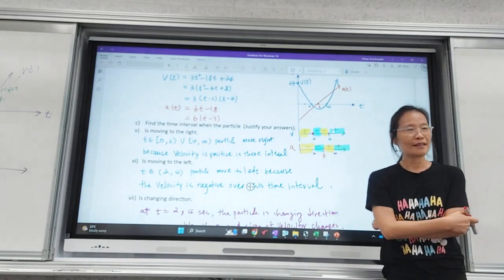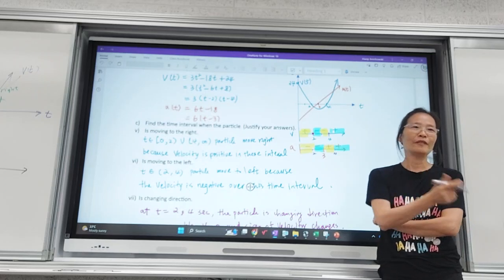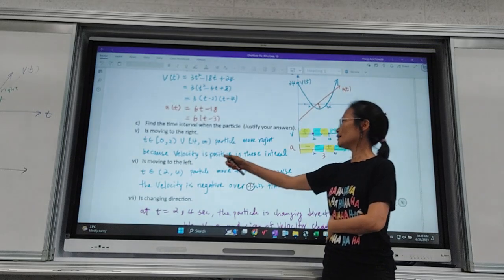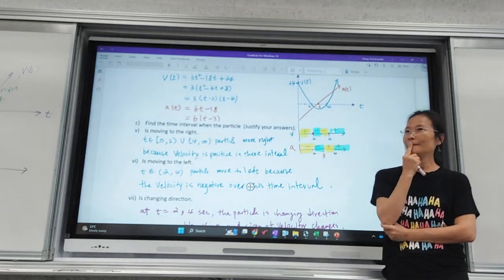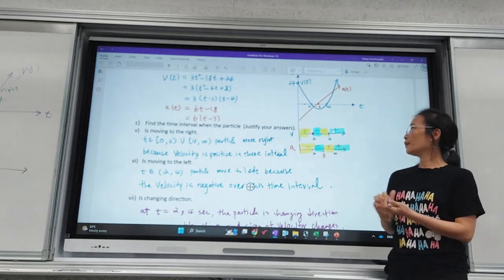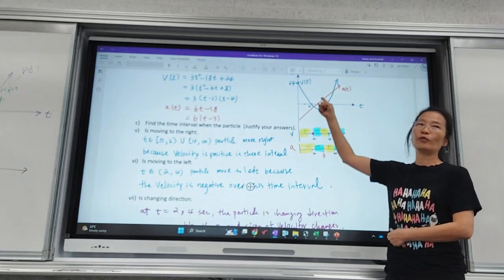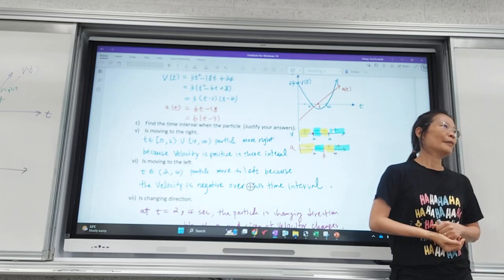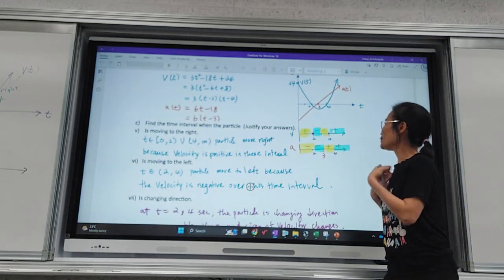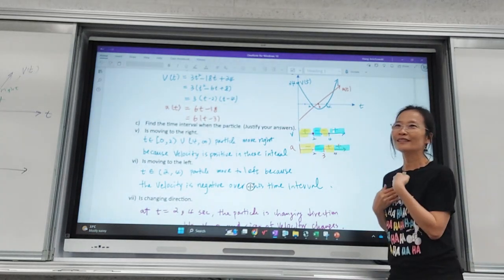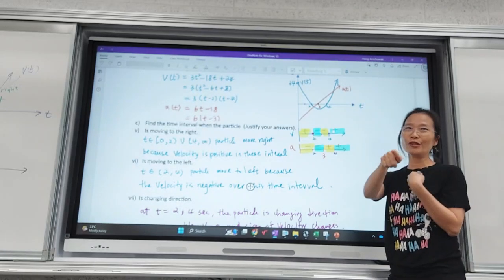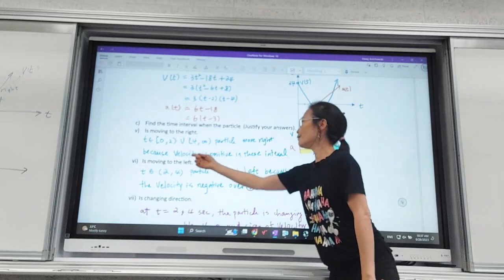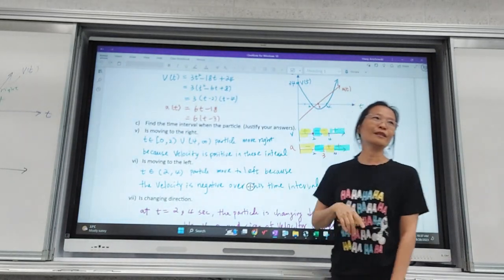Why do you say this interval is moving to the right? Because velocity is positive in these intervals. Just providing the sign diagram or graph is not a sufficient justification. Why? Because are you asking me to interpret this sign myself? I'm not doing that, right? So this is just a reference for you, and you need to say, oh, velocity is positive, so moving to the right.